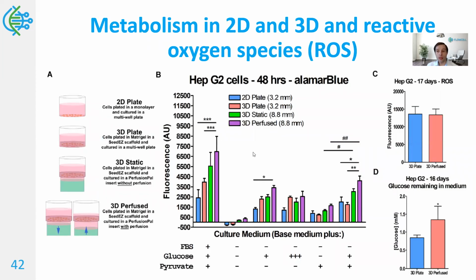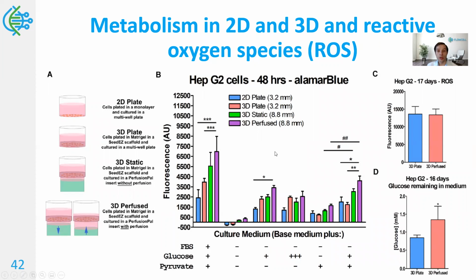Now, talking about the effect of this perfusion, you can see differences of glycolysis here. So for example, more glucose is remaining in the 3D perfused medium, which suggests oxygenative metabolism rather than glycolysis, as happens with hypoxia.